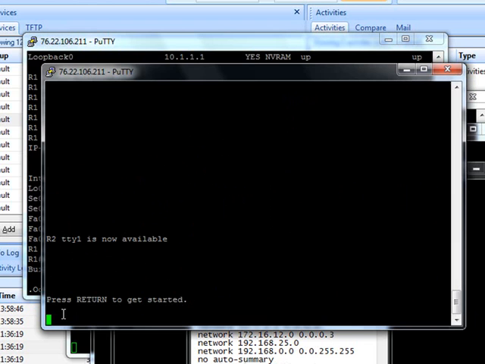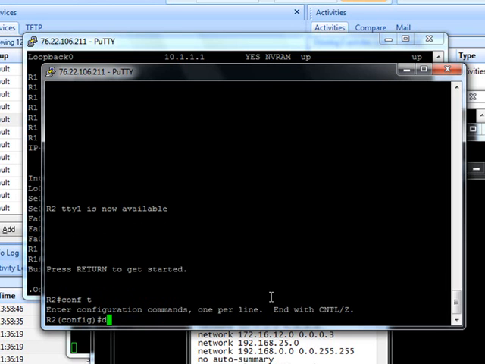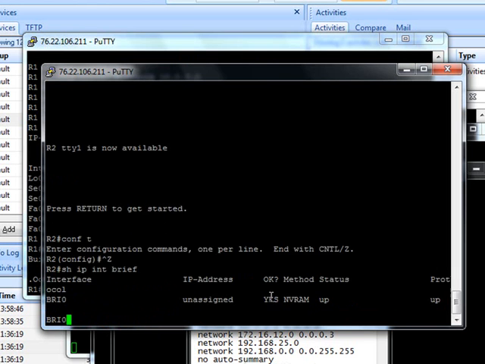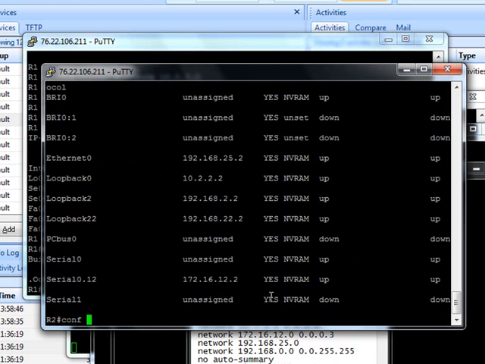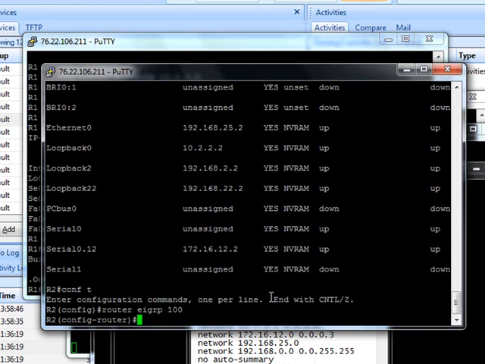So now let's go to router 2. On this one, let's do show IP interface first. Okay, configure terminal, router EIGRP 100. We'll do this with the wildcard mask. So we have 10.2.2.2, and we want to say only that address.